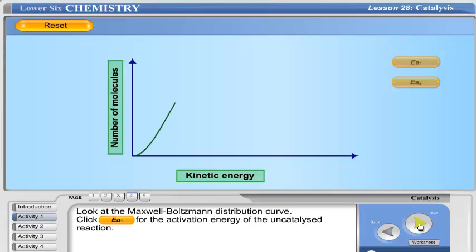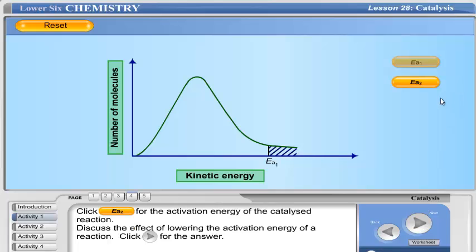Look at the Maxwell-Boltzmann distribution curve. Click the EA1 button for the activation energy of the uncatalyzed reaction. Click the EA2 button for the activation energy of the catalyzed reaction.